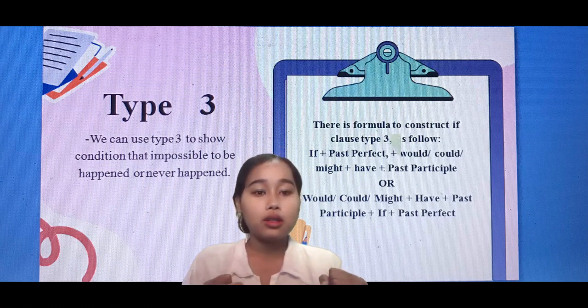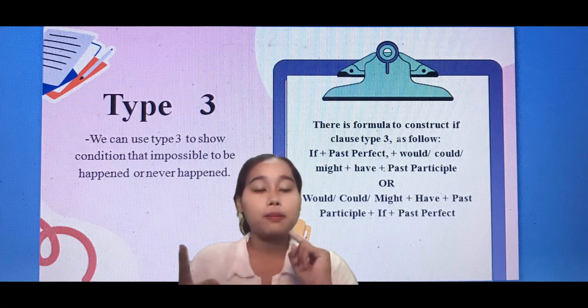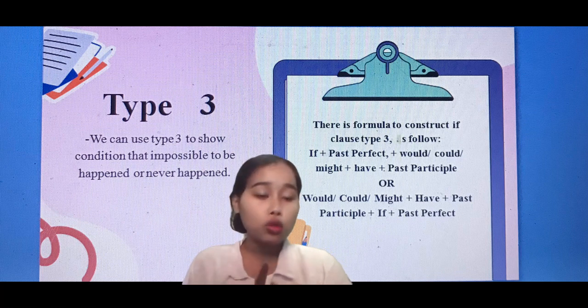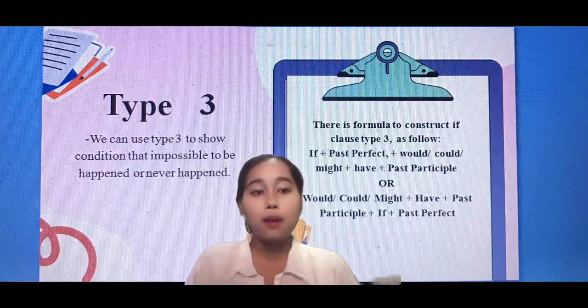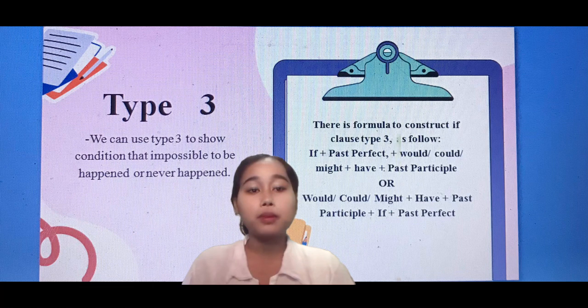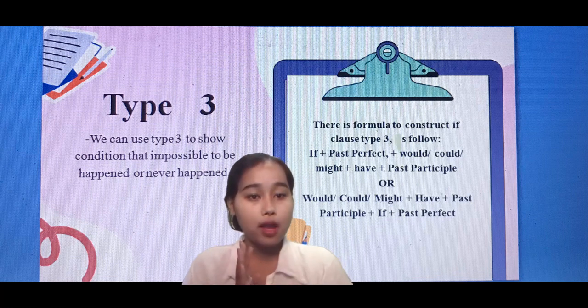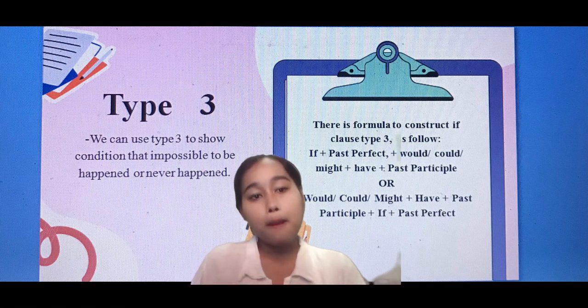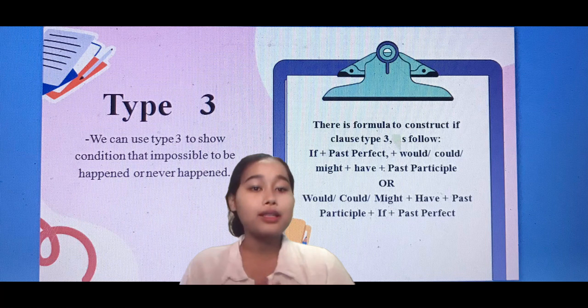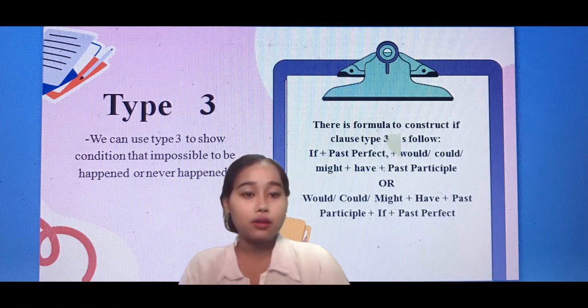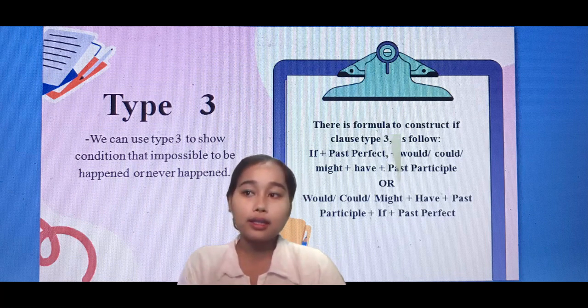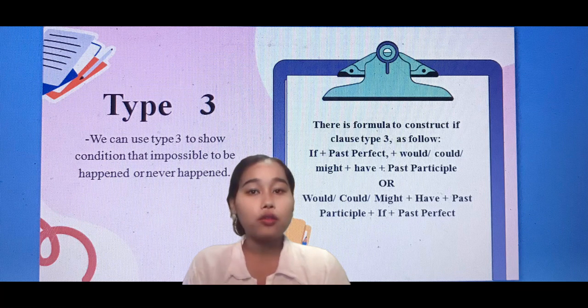So it is if plus past perfect plus would or could or might plus have plus past participle, or we can use would or could or might plus have plus past participle, plus if, and past perfect. So next is the examples of conditional sentence type 3.